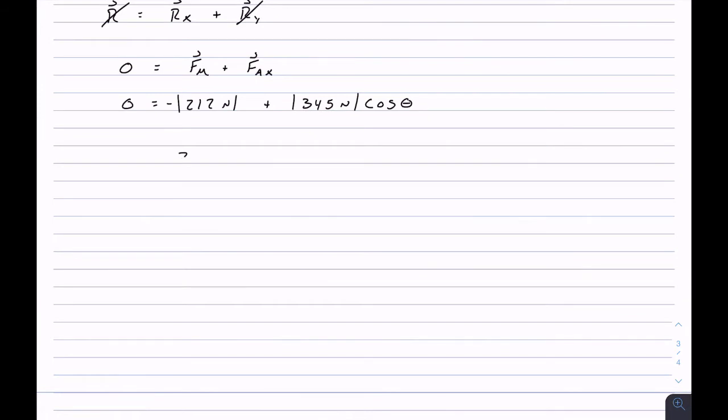Plus, we're told the overall magnitude of the force is 345 newtons. And we're given an angle theta, and we're only talking about the x direction right now, so it's cosine theta. This equals 0. So now we have one equation, one unknown, and we can solve for theta. So let's do that.